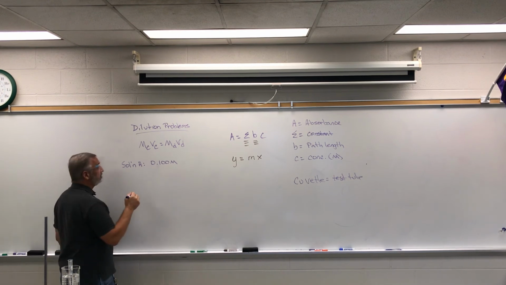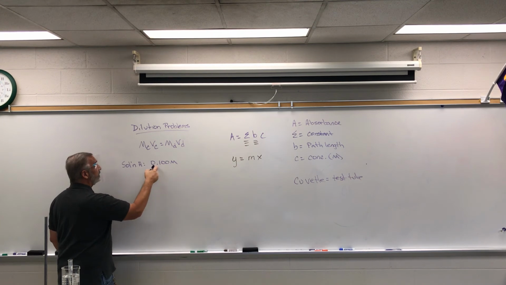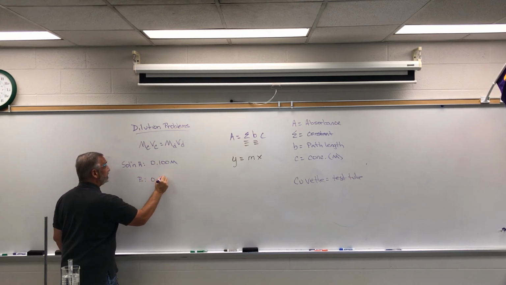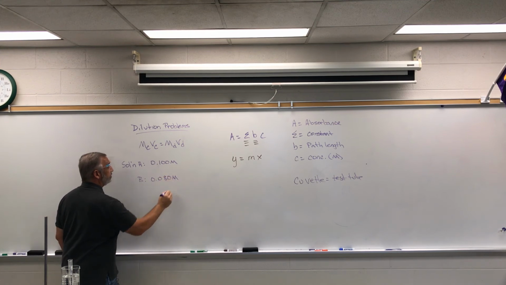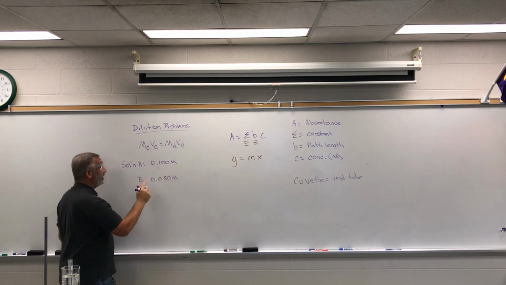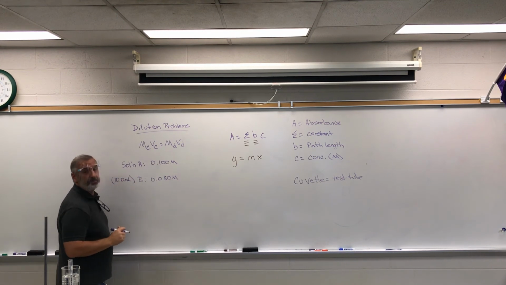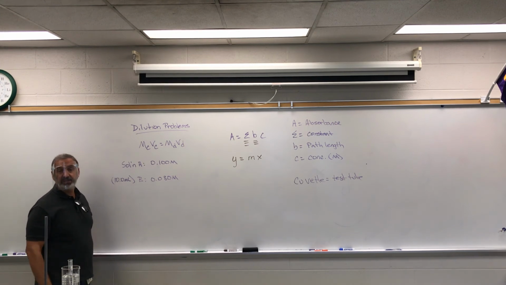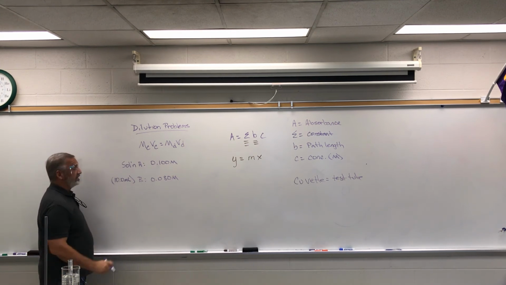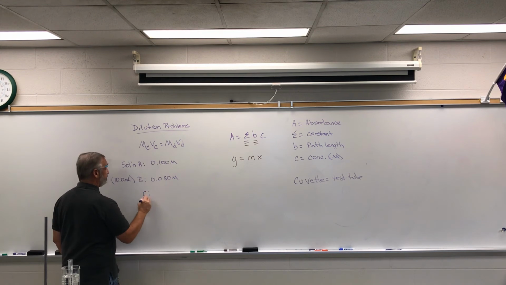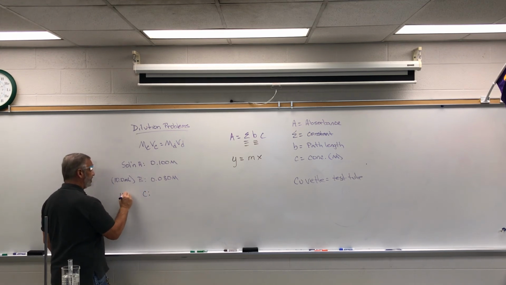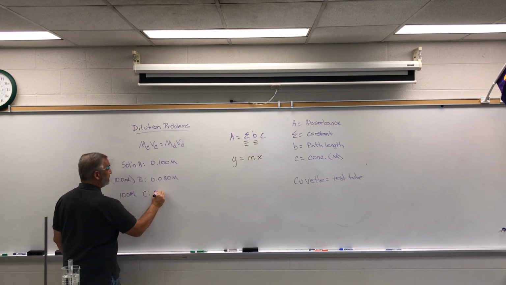Okay? So, solution A is 0.1, so now I want solution B to be 0.080. So I need to dilute this one, and I only need 10 milliliters of it. And then solution C, I only need 10 milliliters of it, but it's going to be 0.060 molar.